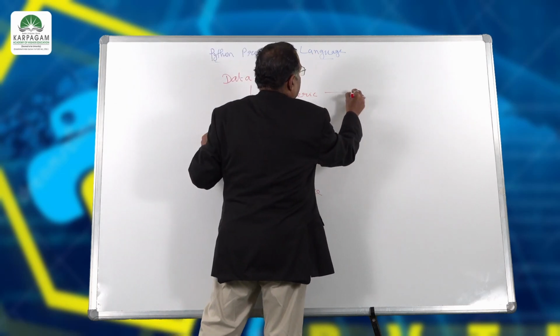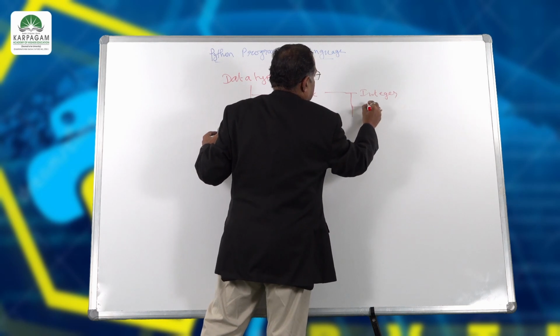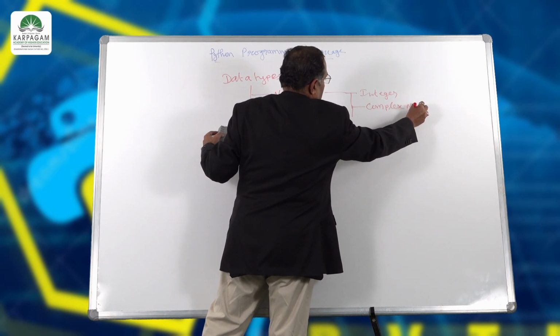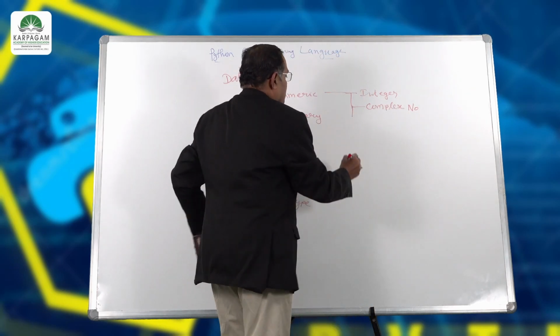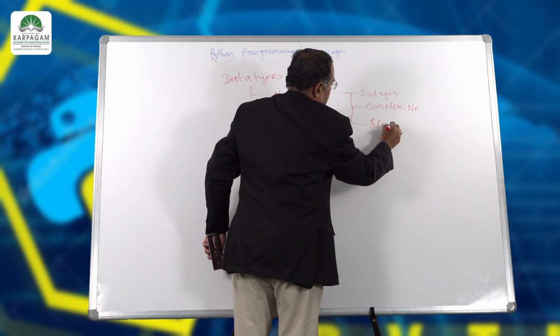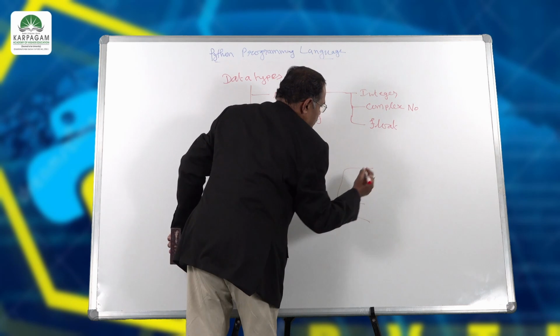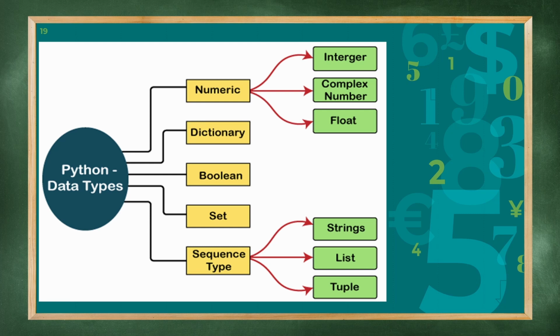In numeric we have three things: integer, complex numbers, and float. In sequence type also we have three types: string, list, and tuple. So these are all the data types available in the Python programming language.